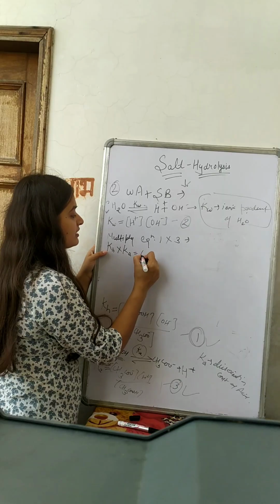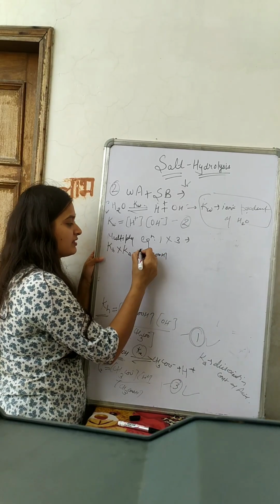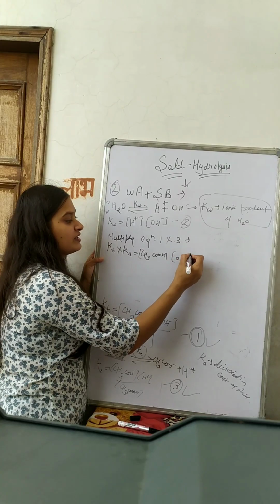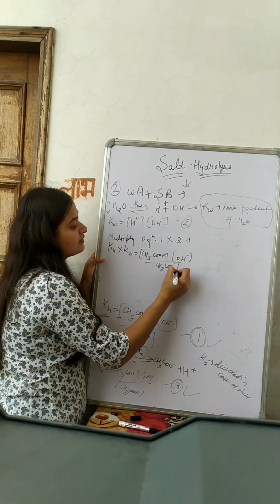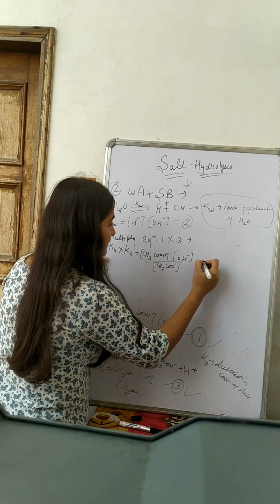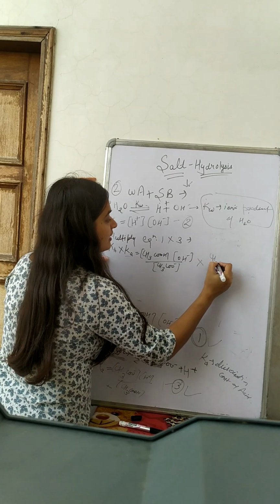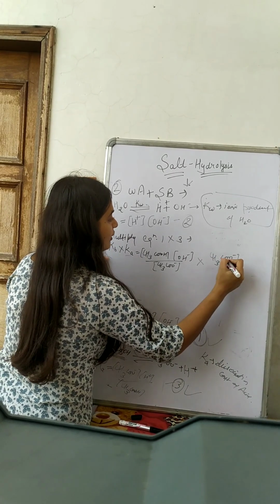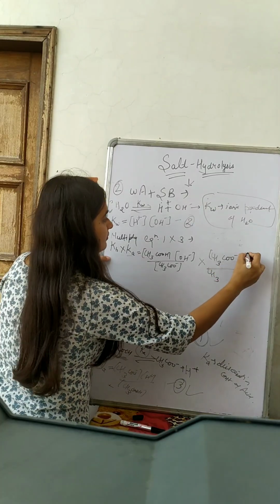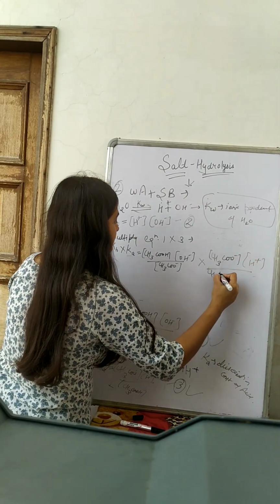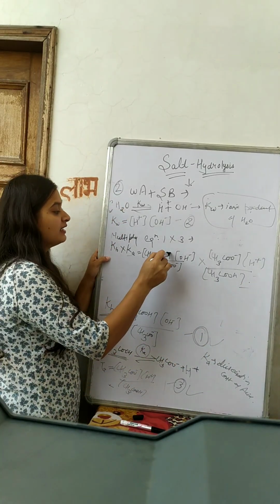The value of Kh is the concentration of CH3COOH and OH negative ions divided by the concentration of CH3COO negative, multiplied by Ka, which is the concentration of CH3COO negative and H positive ions divided by the concentration of CH3COOH. What you can observe is that these terms cancel out.